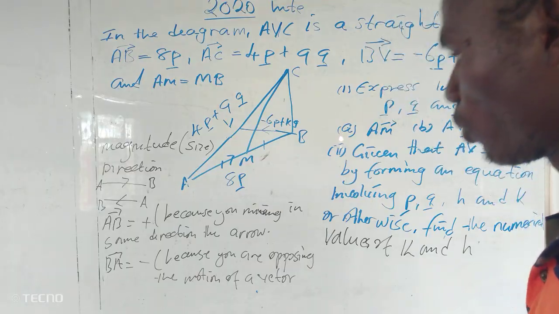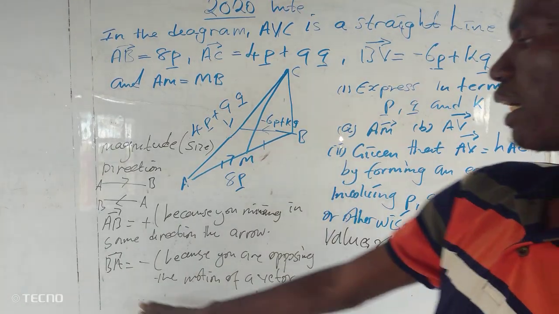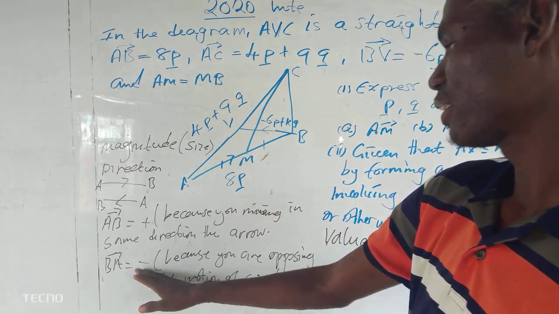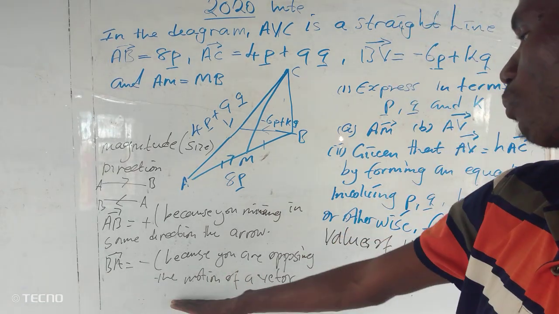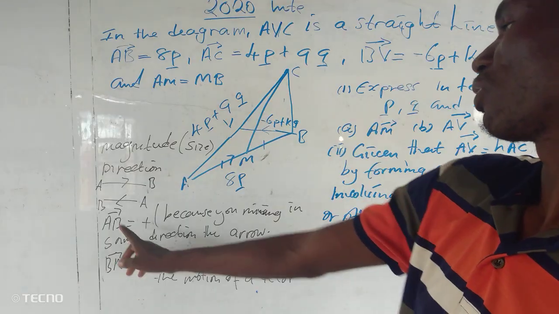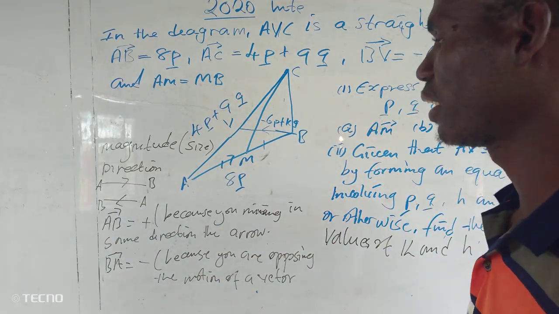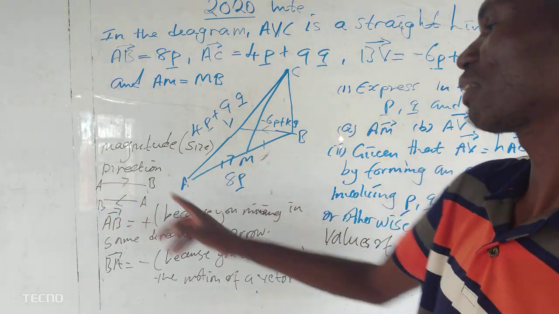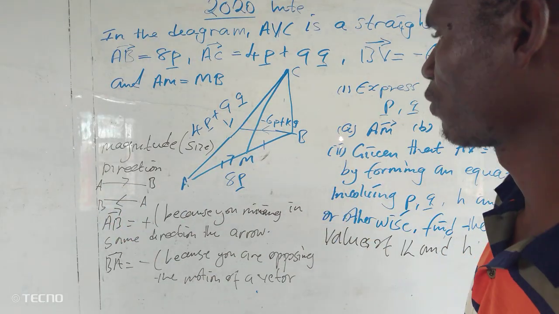Make sure you have this information in your head. Vector BA is negative because you are opposing the motion of the vector, meaning you are moving from B to A, so the answer is negative. When you move in the same direction as the arrow, the answer is positive.